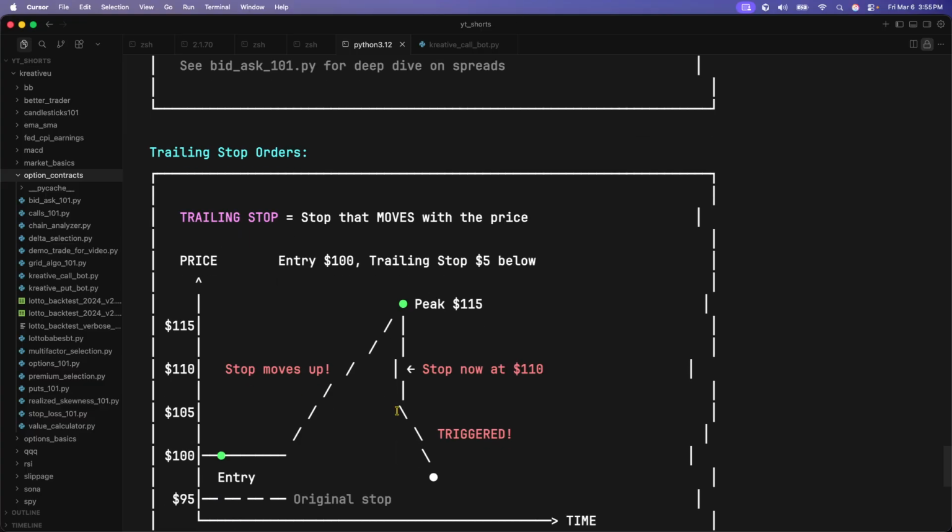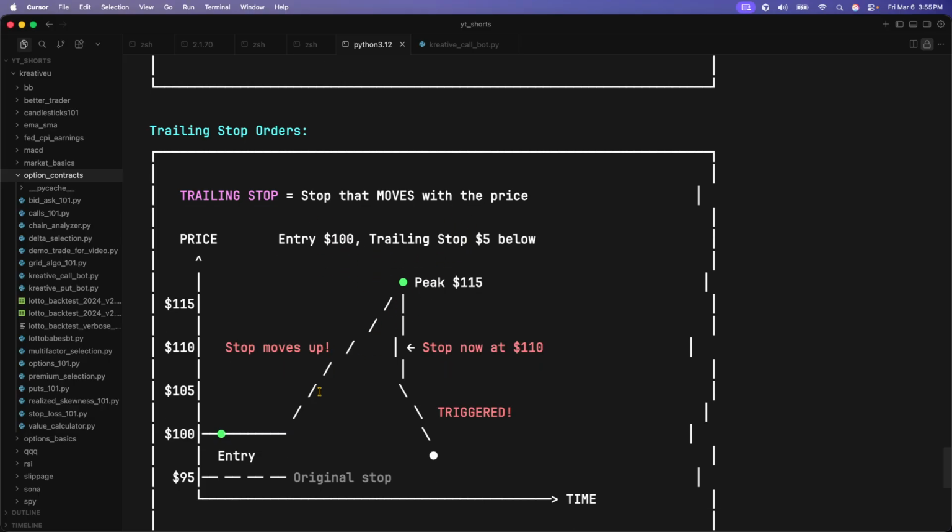Trailing stop orders. A trailing stop is a stop that moves with the price. So we enter at $100, then we trail 5 below. The stop moves up as price peaks at 115. The stop is now at 110 because it's trailing 5 below.